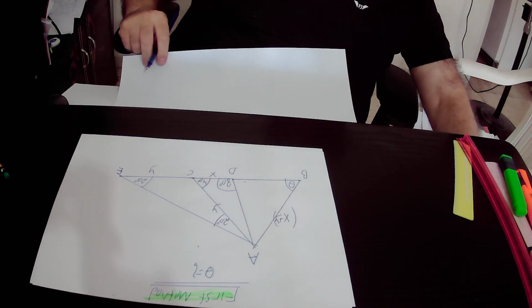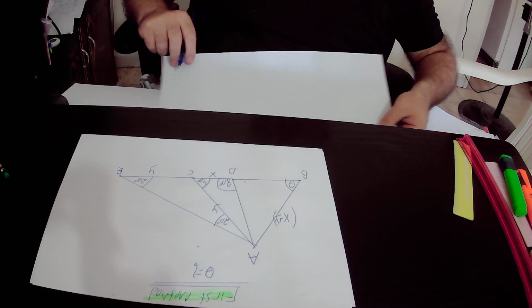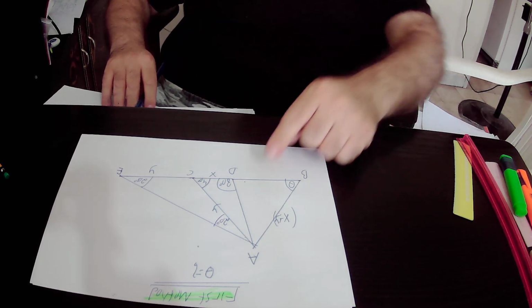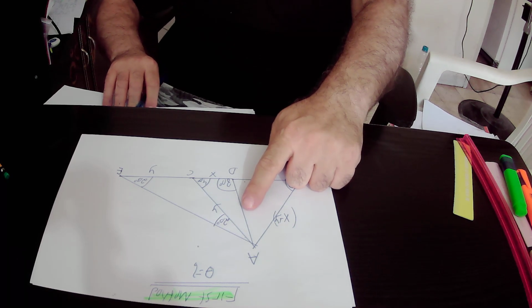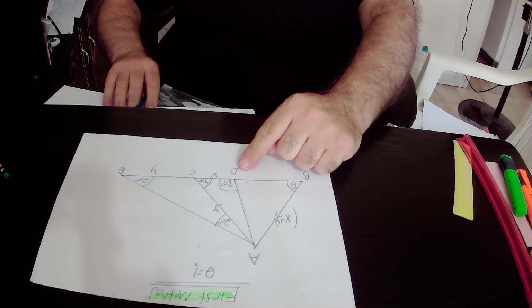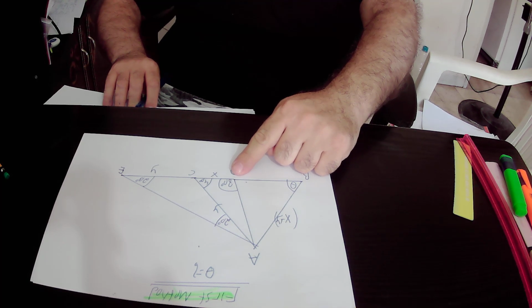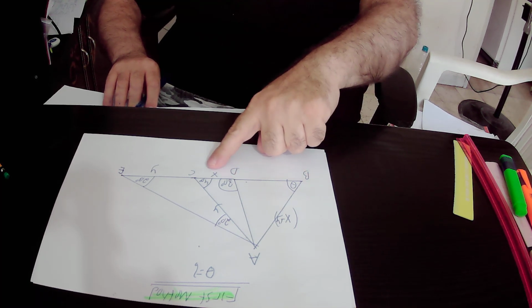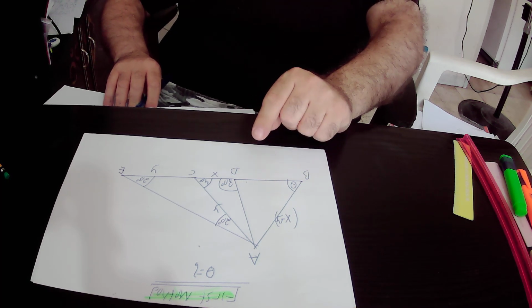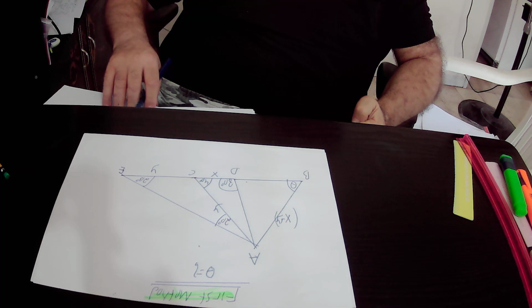we note that the sum of the angles in any triangle is equal to 180 degrees. So in triangle ADC, we have two angles that we know the value of. This angle equals 80 degrees, this angle equals 40 degrees. So 40 degrees plus 80 degrees equals 120 degrees.